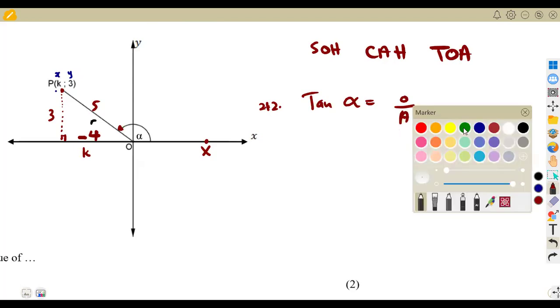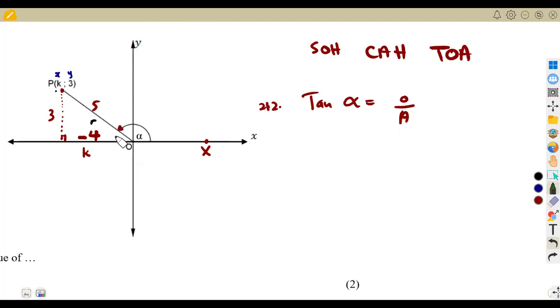According to this alpha, the angle inside of the triangle, this side is our opposite, and this is our adjacent, where the 90 degrees and the theta are found, and that is our hypotenuse.